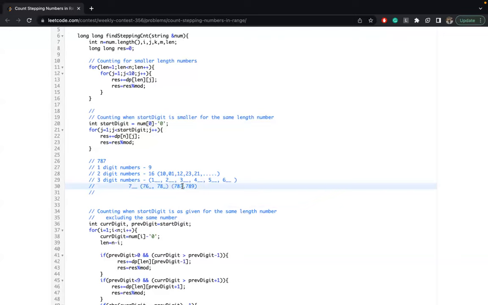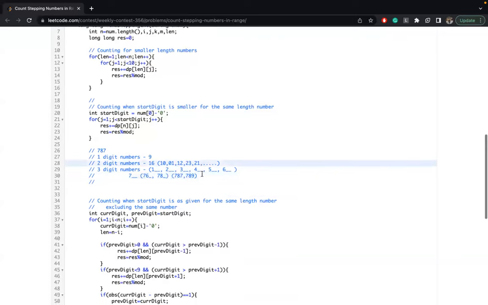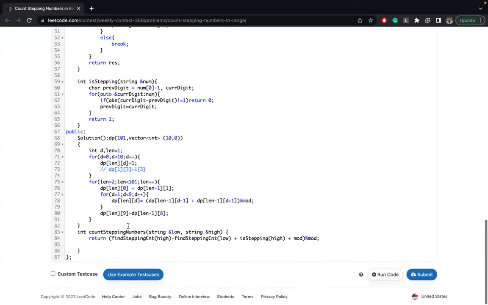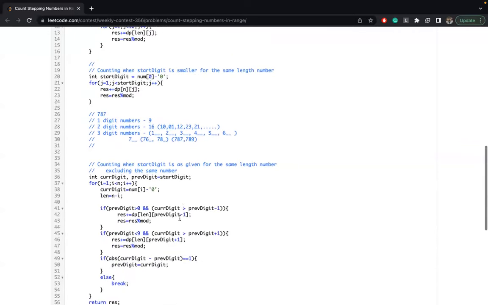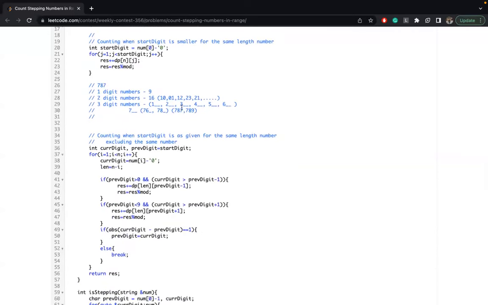I'm not including 7 here because, as I said earlier, my finder is not counting inclusively. So if high is a stepping number, it will not count. That's why my algorithm will just come out of the loop. 787 will not be included because it's exactly the number that has been provided.